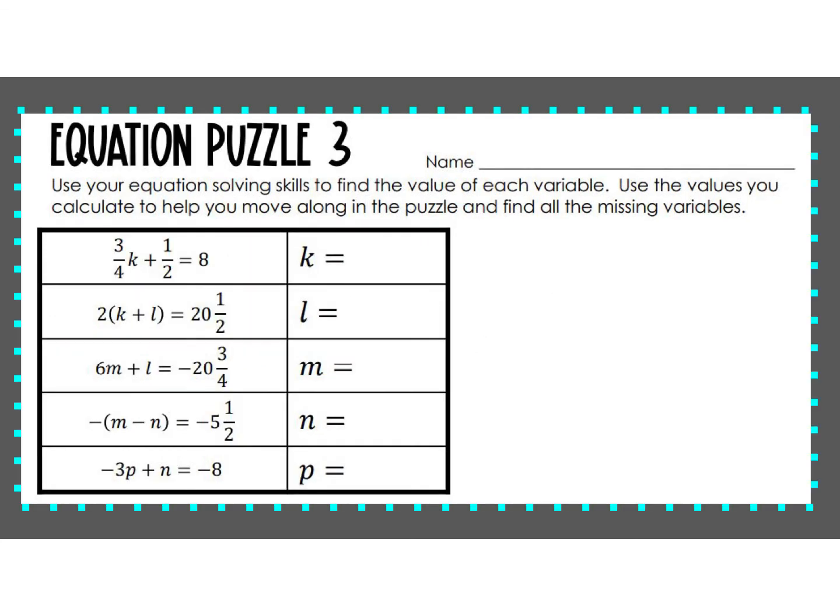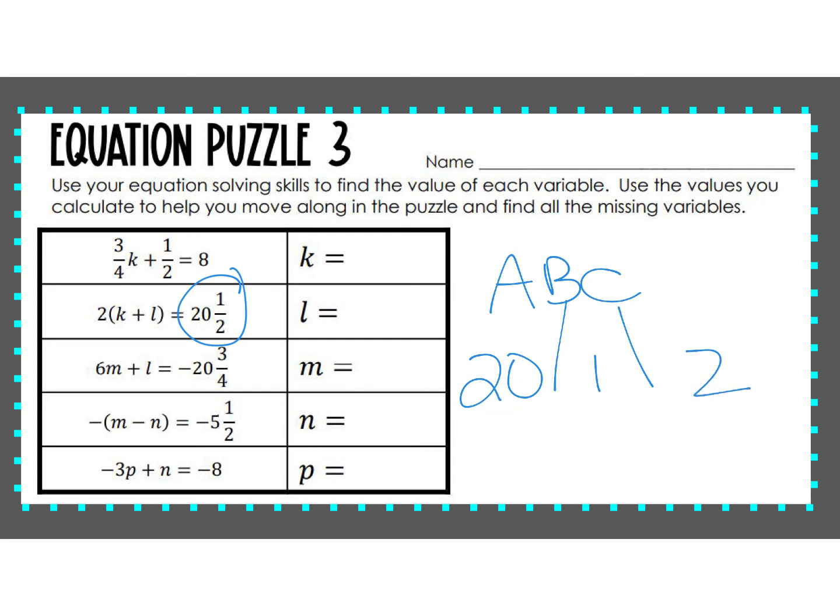Remember, when you get to puzzle 3, you have some fractions involved here. You are more than welcome to use the ABC button on your calculator. Remember, if you have a mixed number, you would plug that in as 2 ABC 1 ABC 2 to manage those mixed numbers. And even if you have to put a negative out in front, you can do that as well.